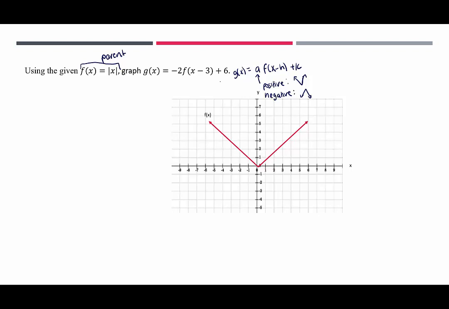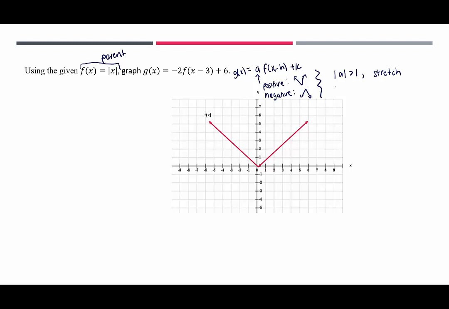The other thing that a tells us is whether there's a vertical stretch or shrink. If we take the absolute value of a, ignoring the sign and just looking at the number, I see the number 2, and because it's bigger than 1, that indicates that there's a stretch. So the other thing we look for with a is the absolute value of a, and if it's greater than 1, then there's a vertical stretch.